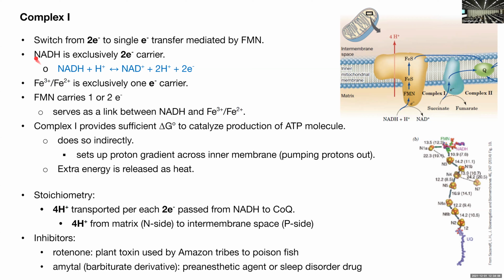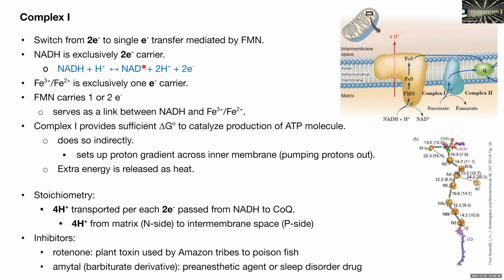But NADH exclusively contains two electrons, because NAD plus can accept one electron, and H can be considered a hydride, a negatively charged hydrogen ion, which can take one more electron. So it's going to be two electrons.